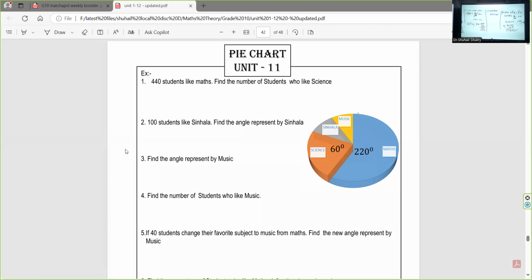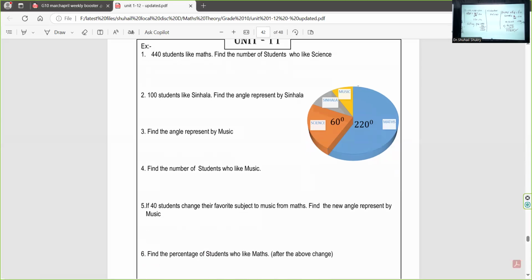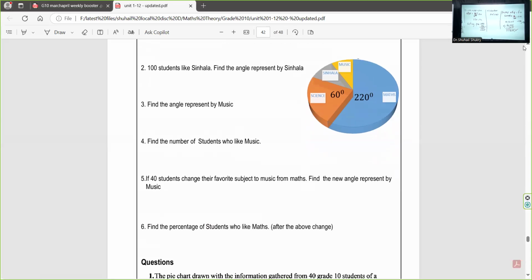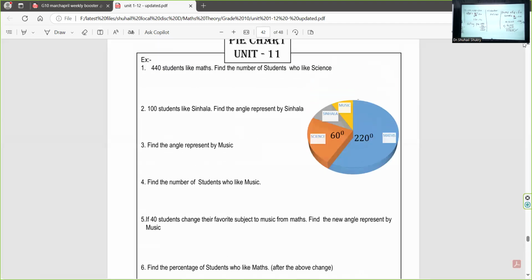You can see everyone, even the online students, under pie chart. I have given this question for 40 students who like maths and so many. And now we have to discuss this question. When I discuss this question, you will understand everything here. So carefully see this. I will teach you a very, very easy method, so you can do this in a super way. Online students, if you want, you can get a screenshot of this.